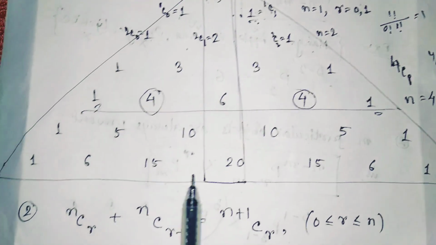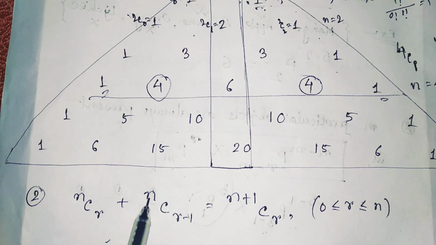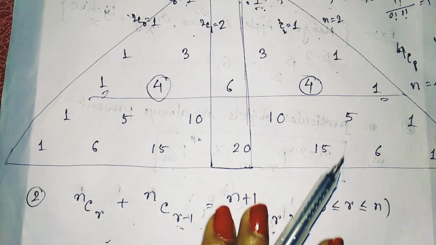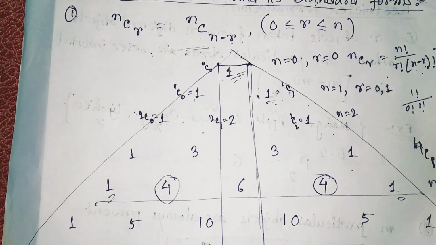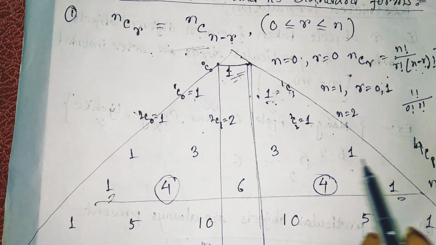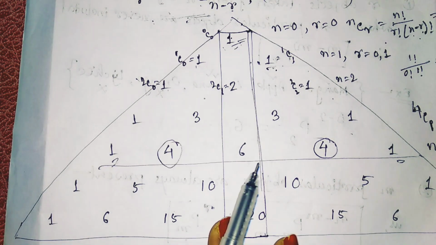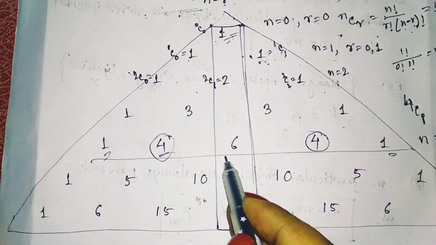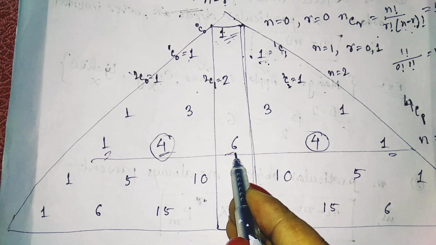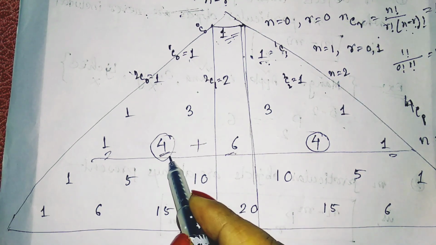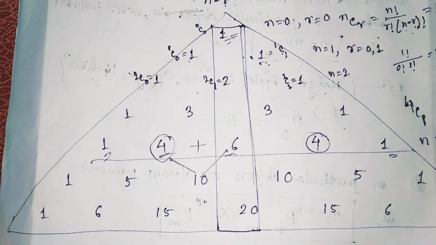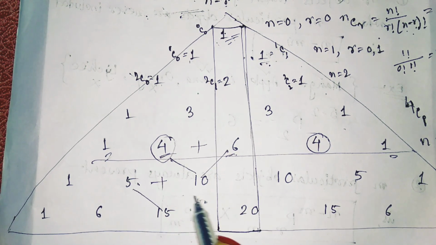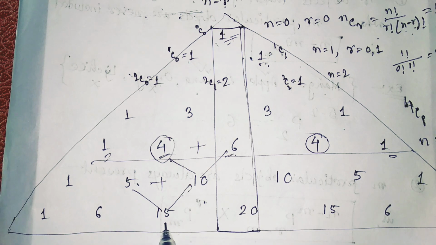The next property is nCr plus nC(r minus 1) is equal to (n plus 1)Cr. Again come to this triangle. Here you can choose any two consecutive values in the same line. Suppose we choose this one and this one. After choosing these two, you add them, and you will find the corresponding element in the next line. You may choose any two here. Suppose this one and this one are chosen, and you will find the summation in the next line.